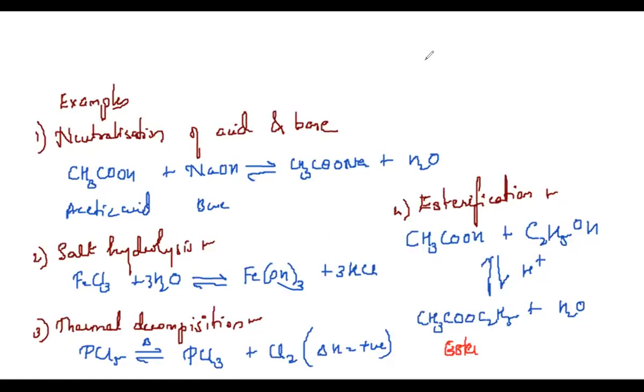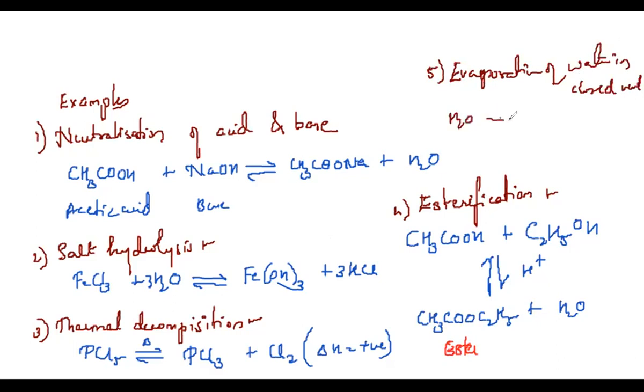Even you can quote an example. For this, you can quote an example of evaporation of water in a closed vessel. See, when you carry out evaporation of water in a closed vessel, what happens?